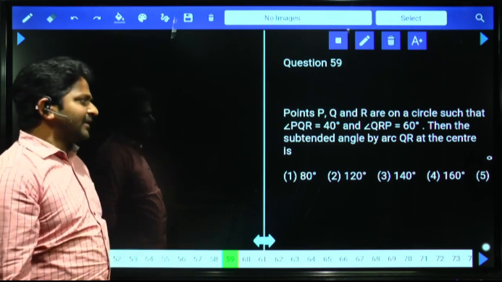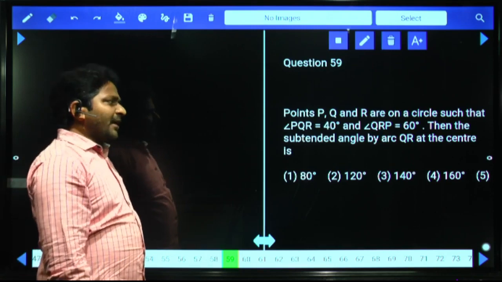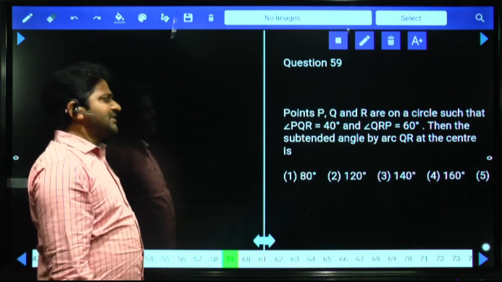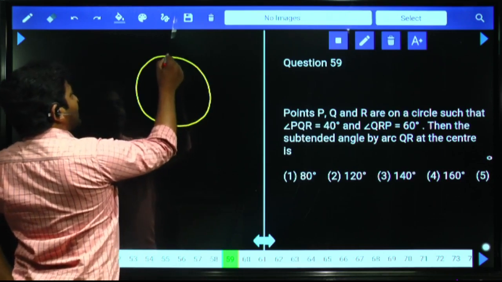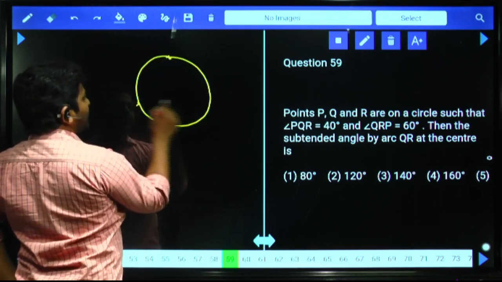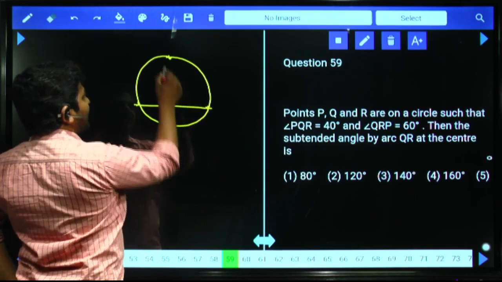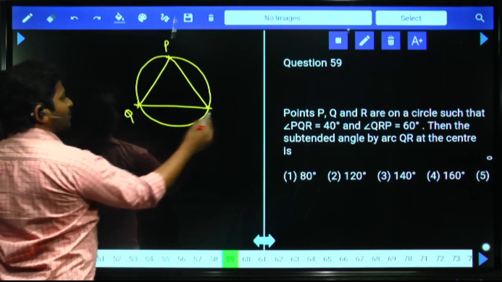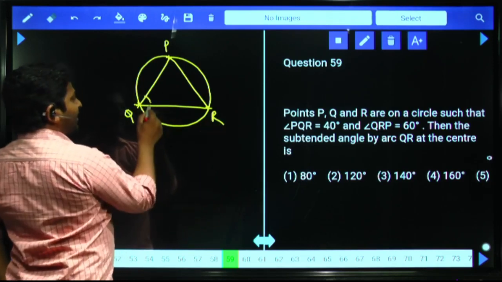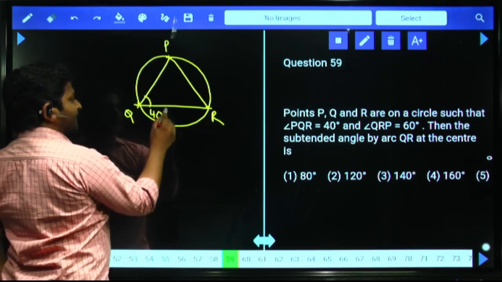Next. Points P, Q, R are on a circle such that angle PQR is 40 and angle QRP is 60. Then the angle subtended by arc QR at the center is? Let's take triangle PQR like this. Angle at Q is given as 40 degrees.